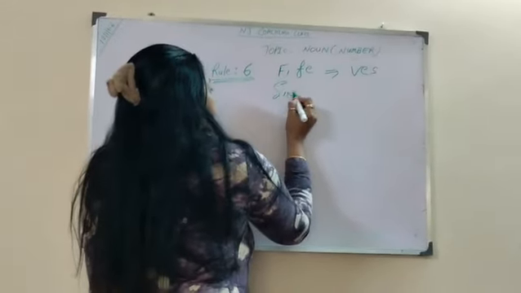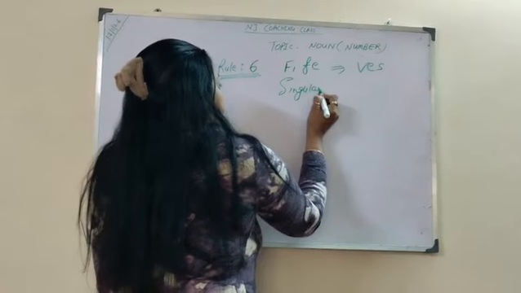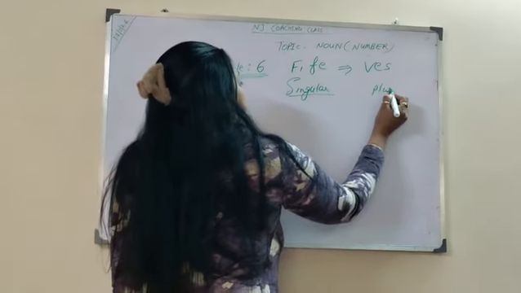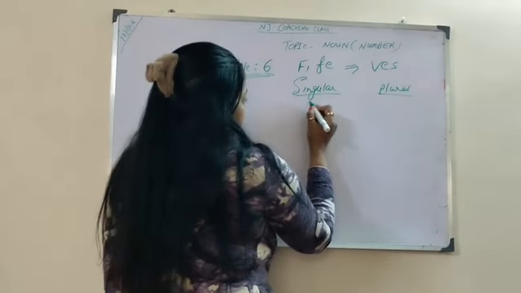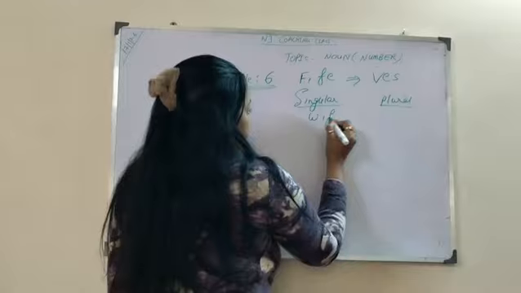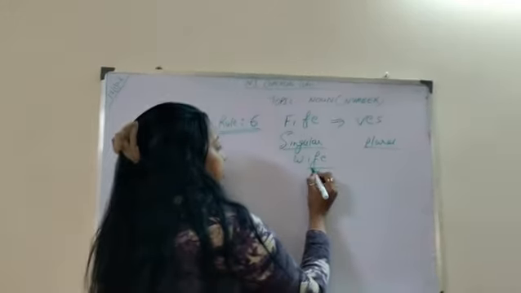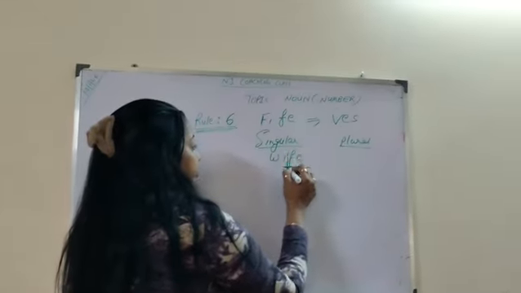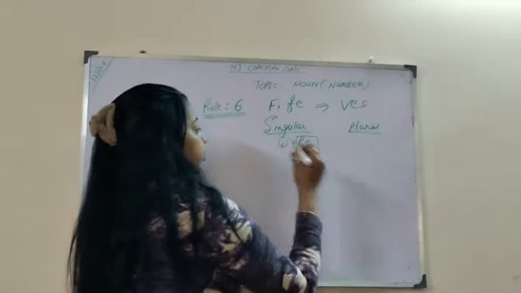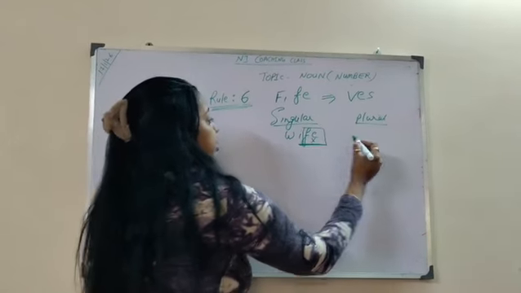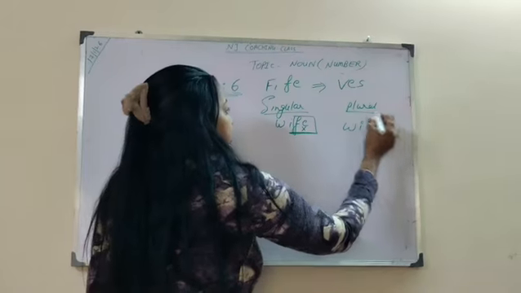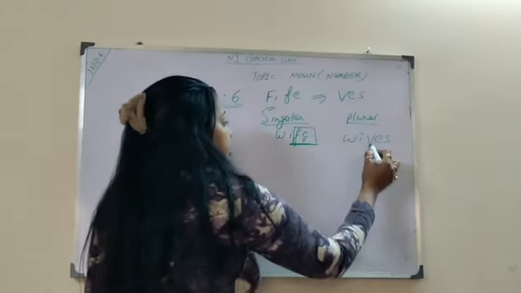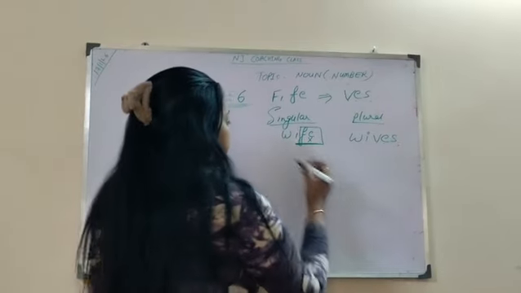So, come to the example, singular, plural. Wife. If we write wife, see, the last two alphabets are FE. So we have to remove this FE and we have to write VES. Okay?